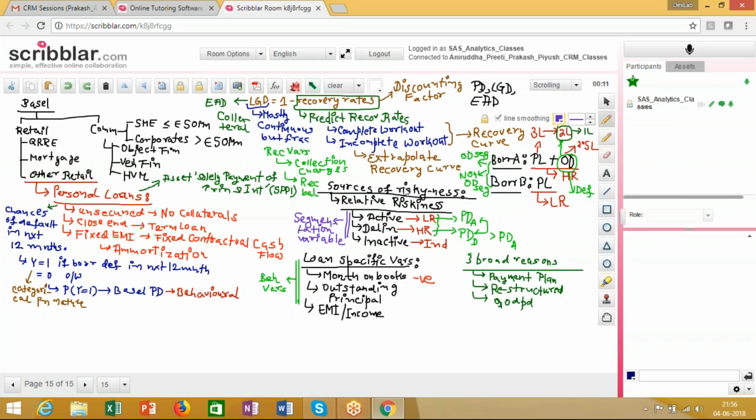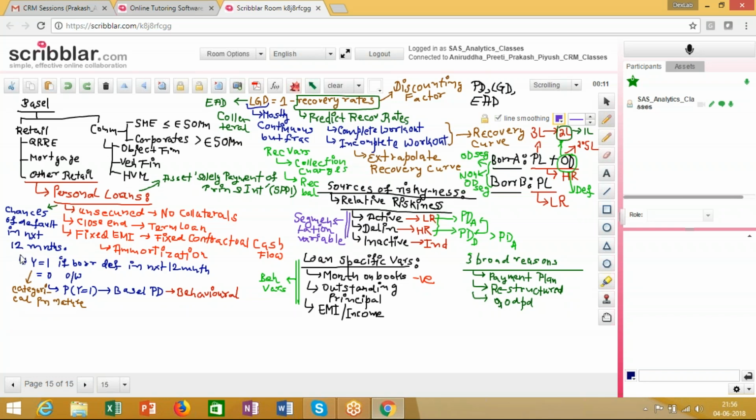Basel looks into the PD after the borrower has been originated on the books. However, acquisition PD has a very significant role to play under IFRS 9, and that is where we need a clearer understanding of the Basel PD model.